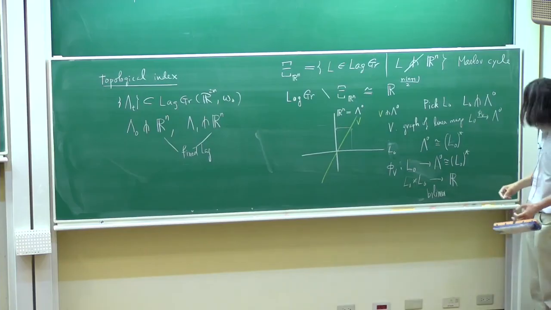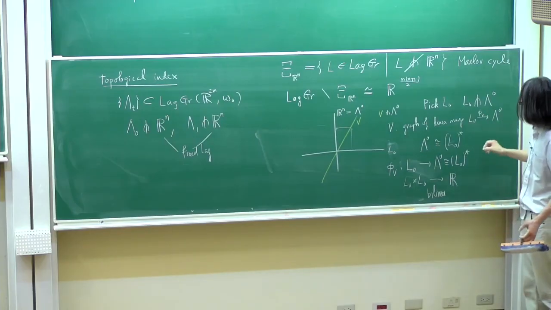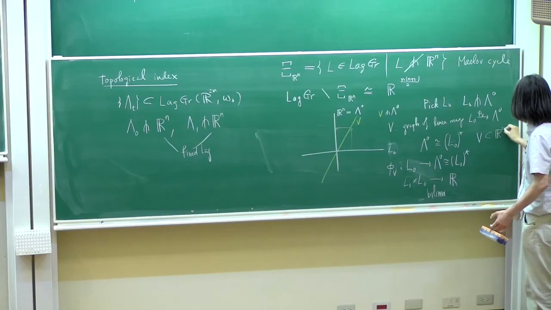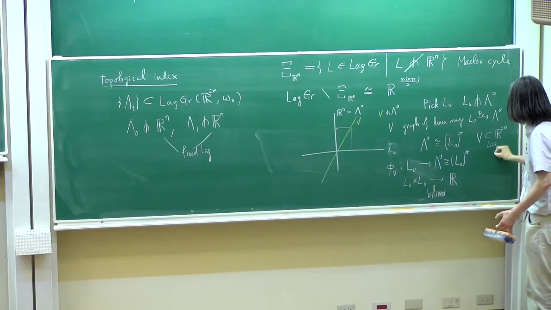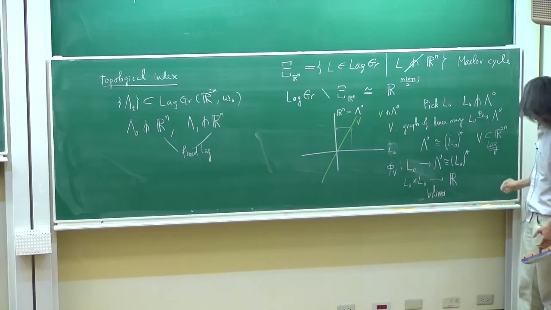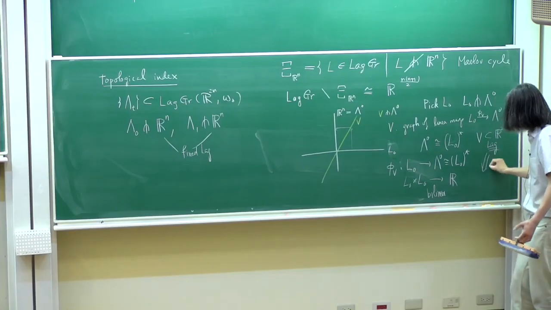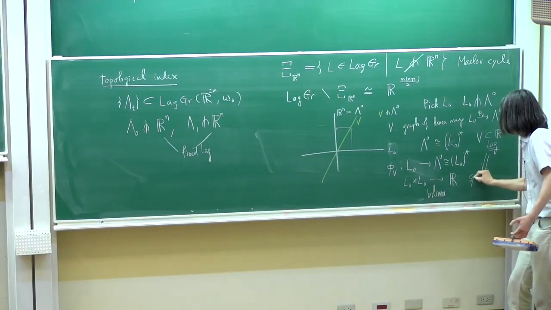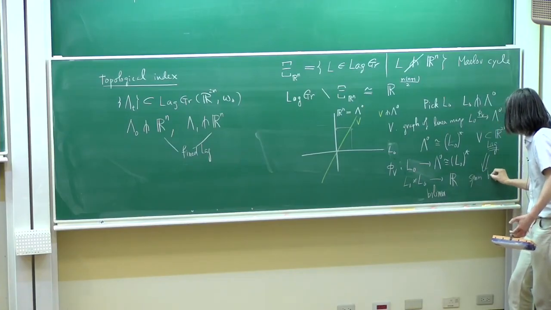So this is okay. But now I assume that this V inside of this R2N is a Lagrangian subspace. And then this implies that this bilinear form is actually a symmetric bilinear form, so a quadratic form.